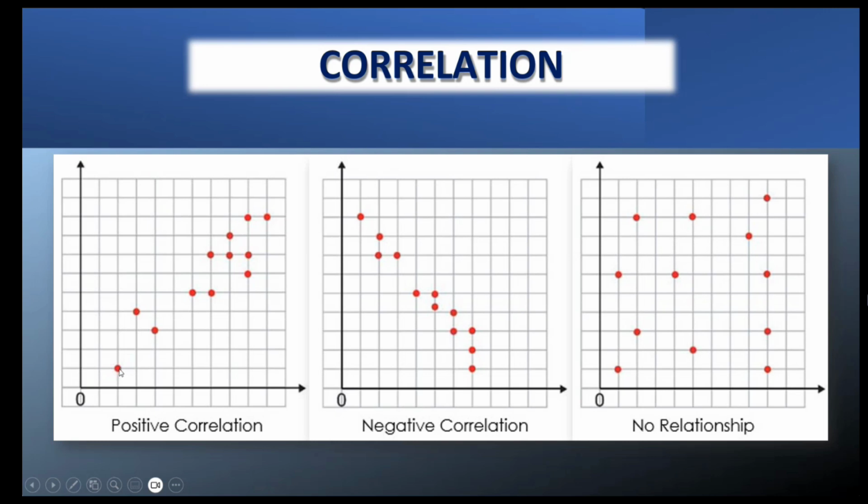You just plot the points. For example, this red dot here, the very first one. Let's say this is 2 units for your x, and 1 unit for your y.